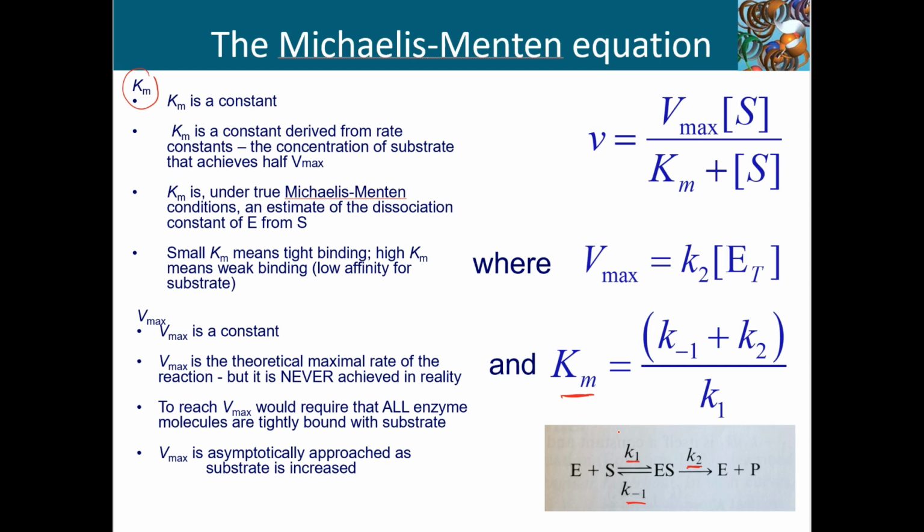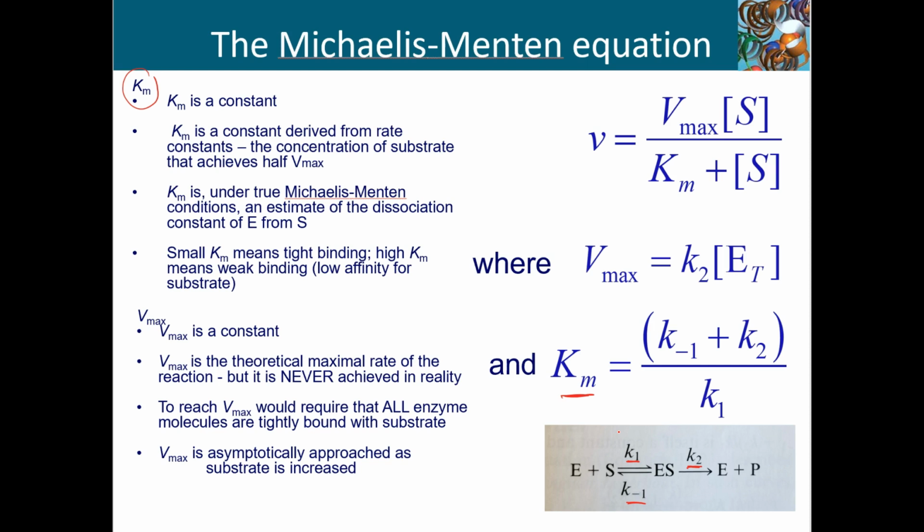Another way to think of this is that under actual Michaelis-Menten conditions, the Km is an estimate of the dissociation constant of ES. That's really what we're looking at. So it just gives us insight into how well an enzyme associates with a substrate.